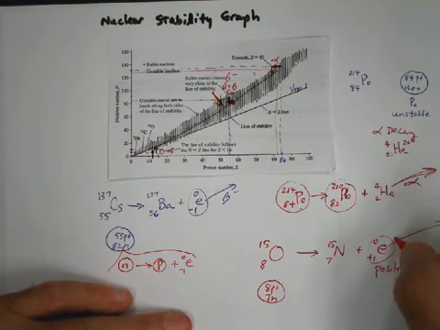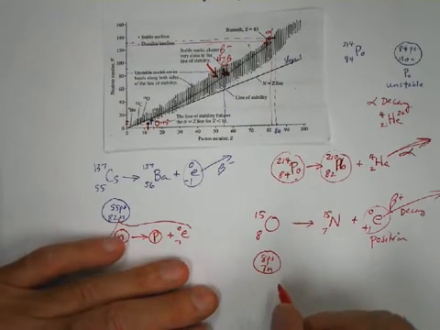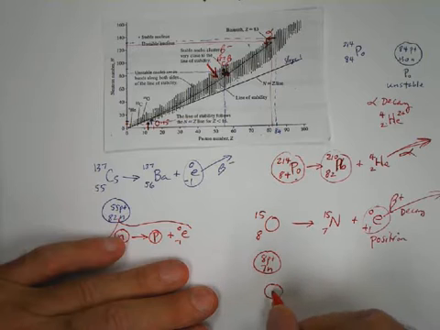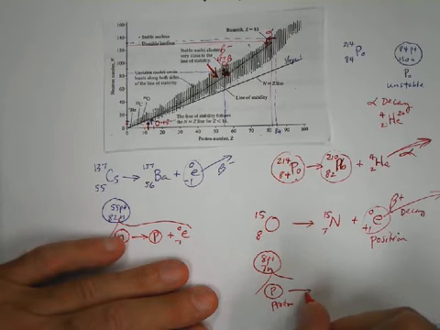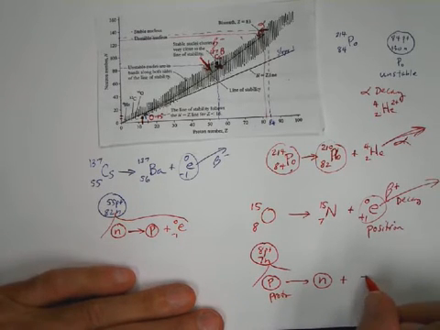So here's beta positive decay. What ends up happening is that one of the protons inside oxygen 15 converts to a neutron and the antiparticle of an electron, which is a positron, a positively charged electron. So this is what's happening inside the oxygen 15 nucleus.